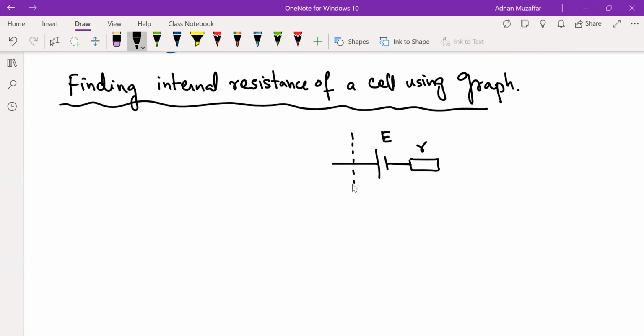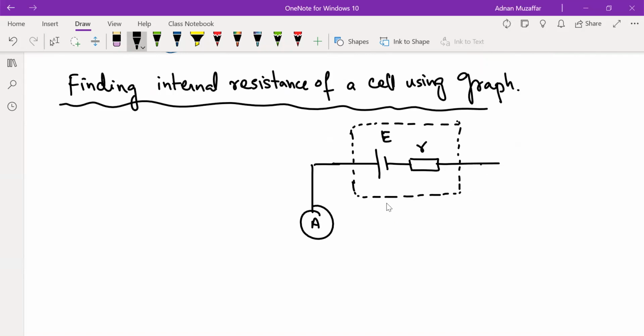For example, this is the symbol of internal resistance. To measure current, I can connect the ammeter anywhere, maybe here, because the meter is connected in series. So it doesn't matter the position of the ammeter, it will give the same reading at all points.